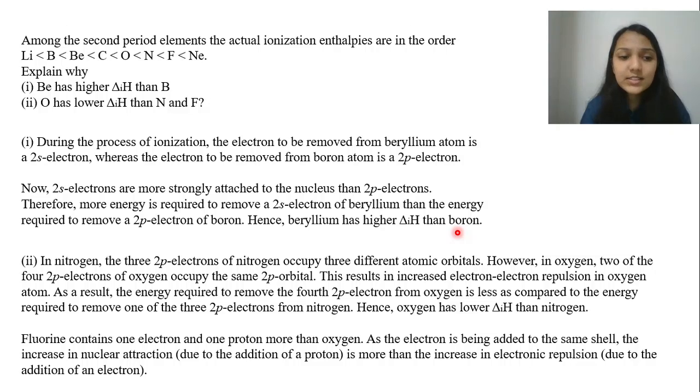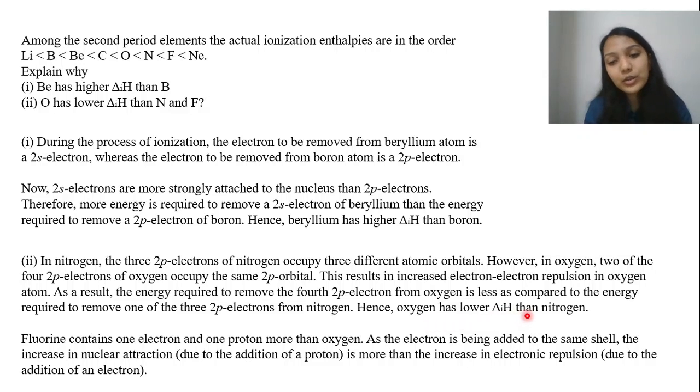So in nitrogen, these 3 electrons occupy different p orbitals, and in oxygen, 2 occupy the same p orbital, and this results in increased electron-electron repulsion. As a result, the energy required to remove the fourth 2p electron from oxygen is less as compared to the energy required to remove one from these 3p electrons, because they are all different, just one electron in each orbital.